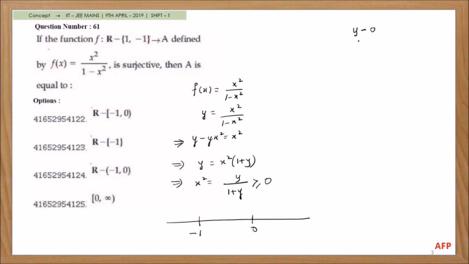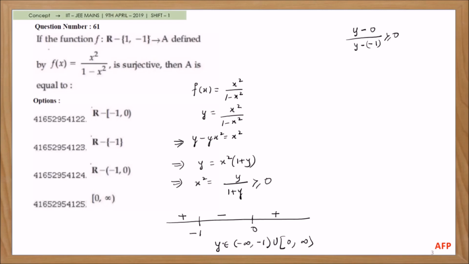y minus 0 divided by y minus of minus 1 is greater than or equal to 0. The roots are 0 and minus 1. On the extreme right-hand side the sign is positive, then alternate negative, positive. So y belongs to minus infinity to minus 1, excluded because it is in the denominator, union 0 included, to infinity.